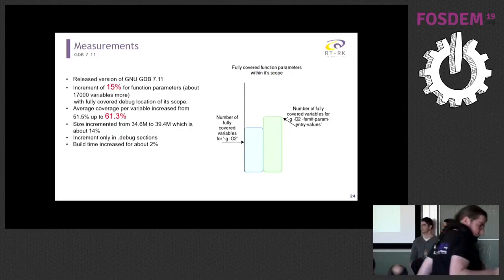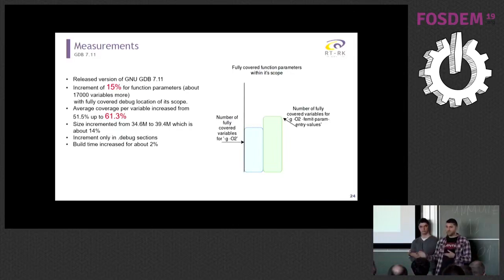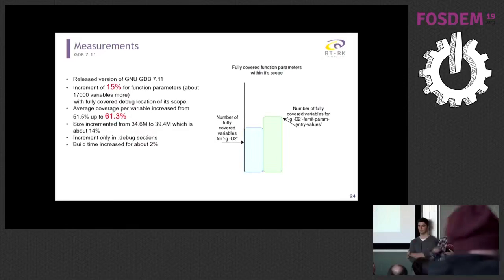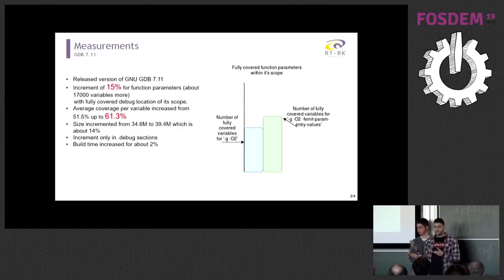As soon as we make sure that everything goes well, we will include this in default -g. We are in the process of backporting this onto LLVM trunk, the latest version. Actually, we backported it, so we are finishing the testing phase. As soon as we are done with that, we will post those patches onto LLVM.